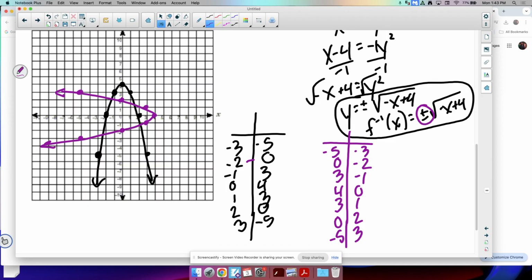On the green sheet, it asks you if things are functions. A function means each x gives you one answer. So every time you plug an x value in, you should get the same answer every time. Is the inverse of this a function? No. And the easiest way to tell, like the first time we plugged in a 3, what was our answer? -1. The next time we plugged in a 3, what was it? +1.